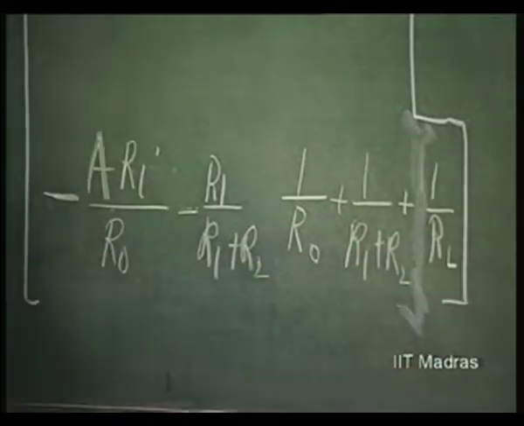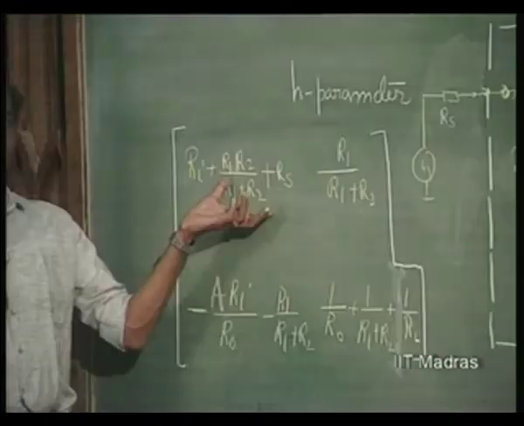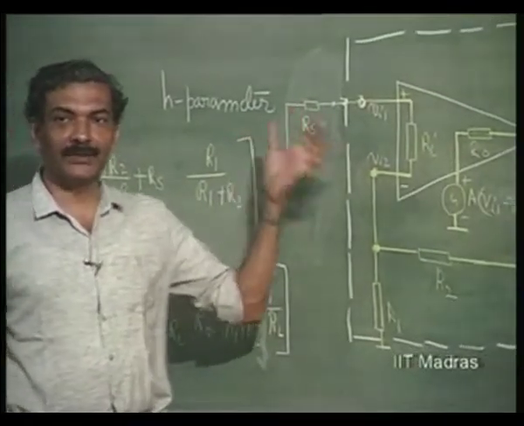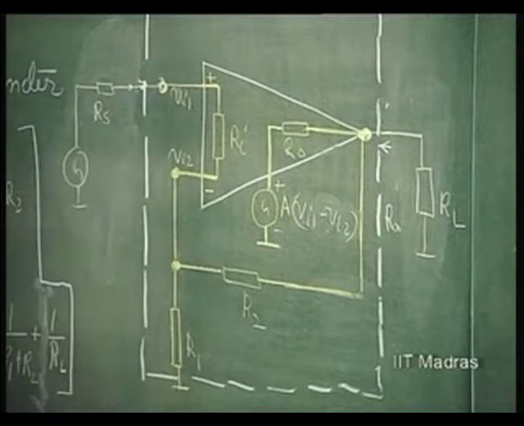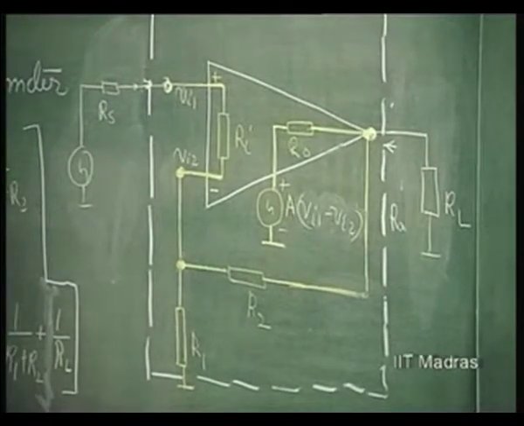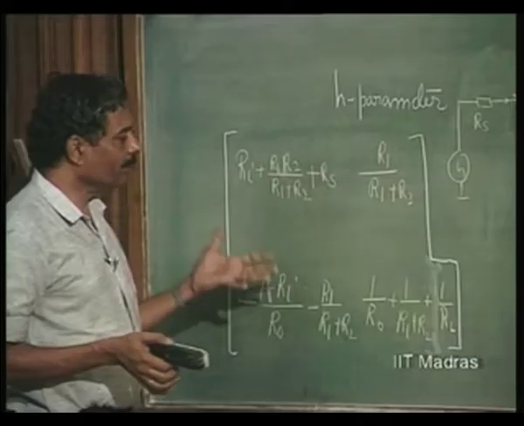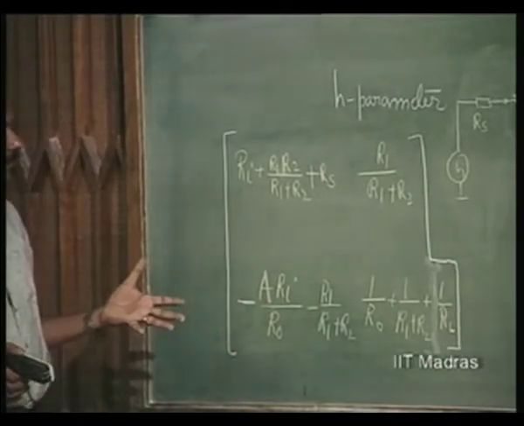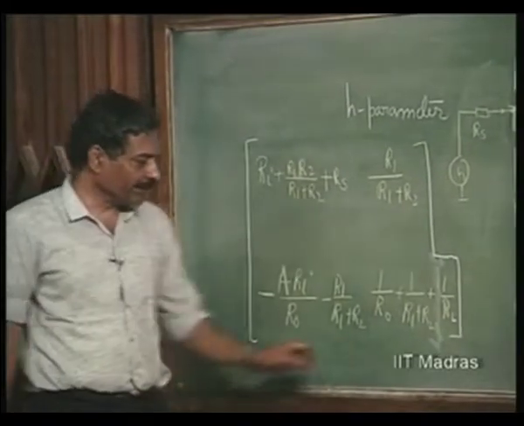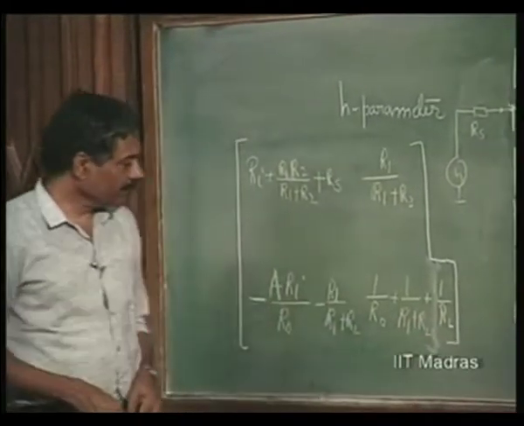So, this is the total situation where we are now considering also load impedances and source impedances. This is giving you the complete picture of a negative feedback situation with operational amplifier. Nothing is neglected. Now, of course, there is no point in keeping things which can be neglected.